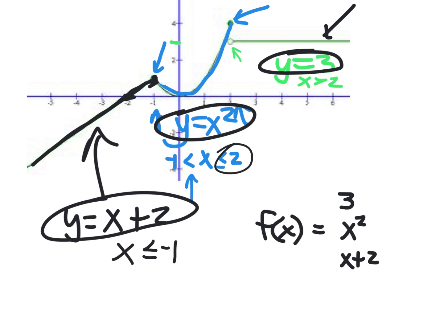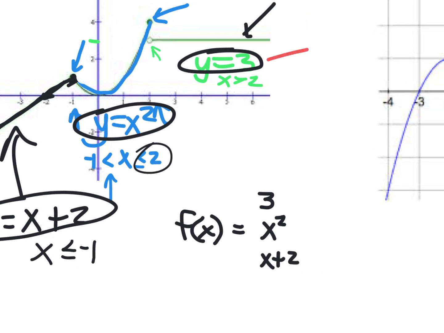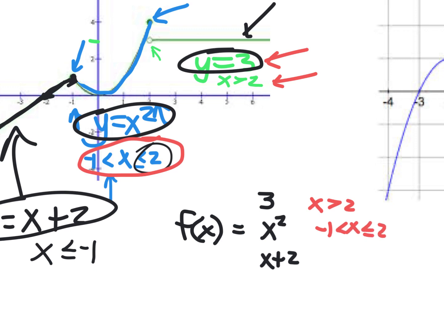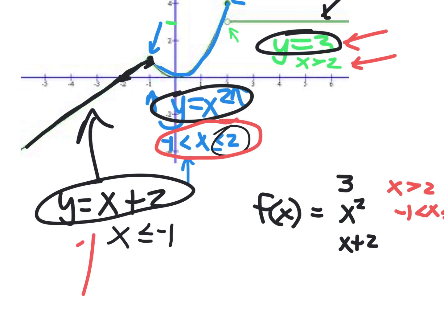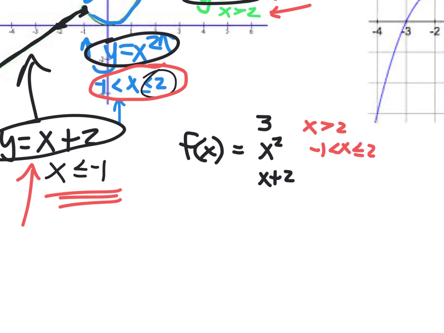And then, to keep it organized, it's 3 only when x is greater than 2. And it's x squared only when x is between -1 and 2. And it's only this one where x is less than or equal to -1.